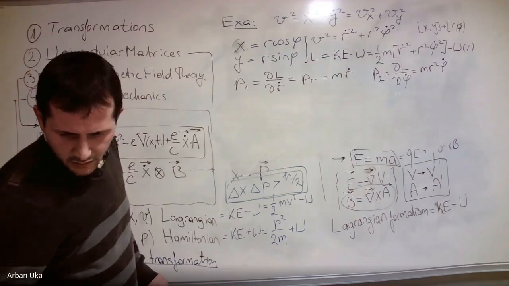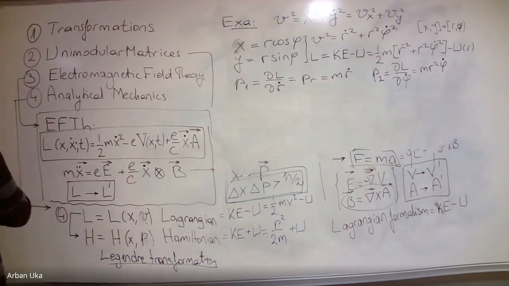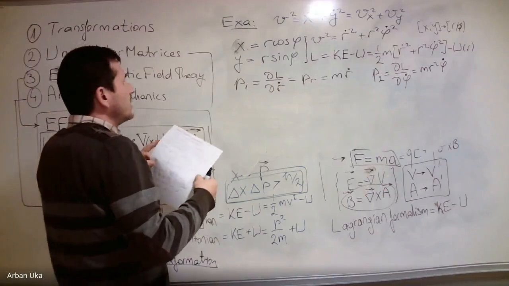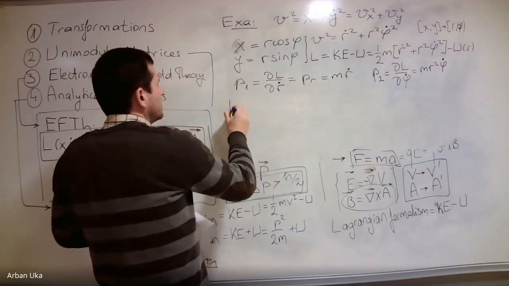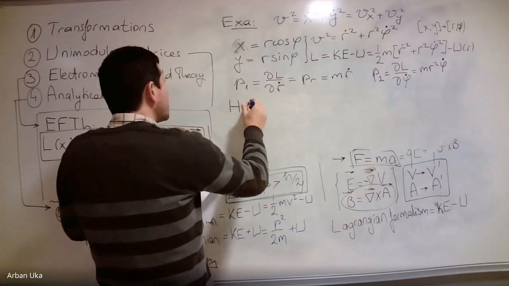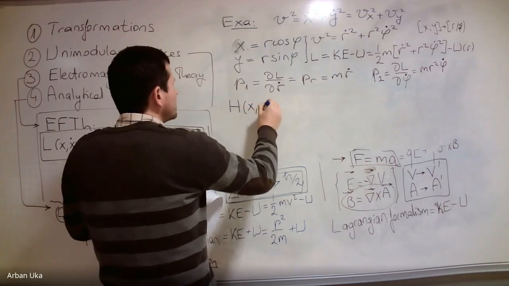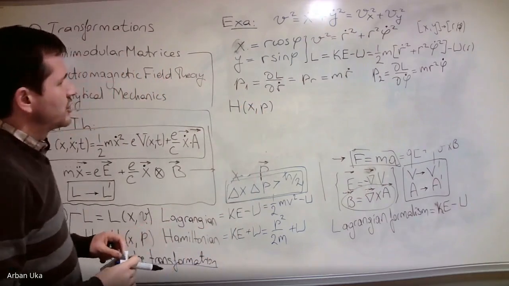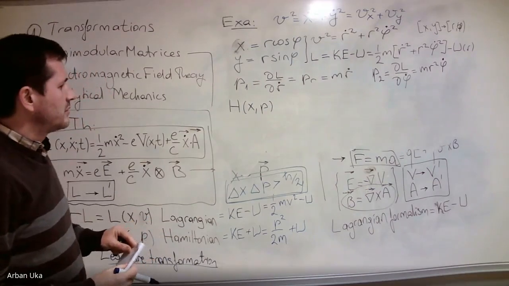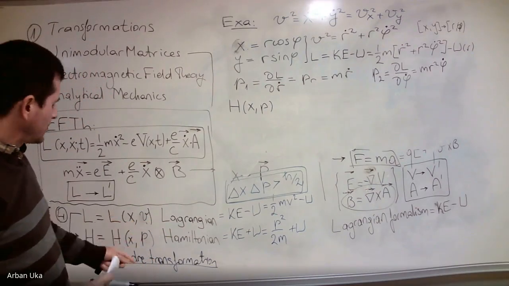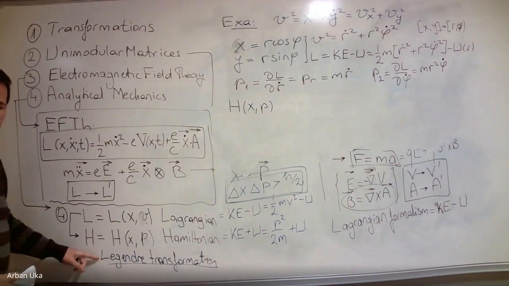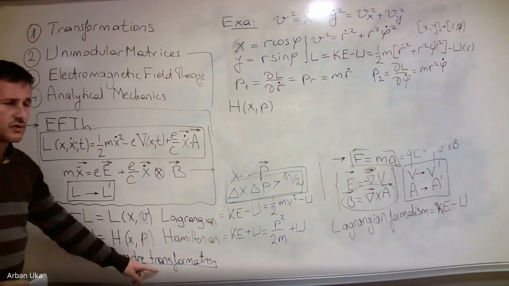Now I can erase this one because we are convinced about what we have on the board. Now this was the Lagrangian. Then we said that we have the representation in the new domain, which is an equivalent Legendre transformation, in which we can see an equivalence with the Fourier transform.